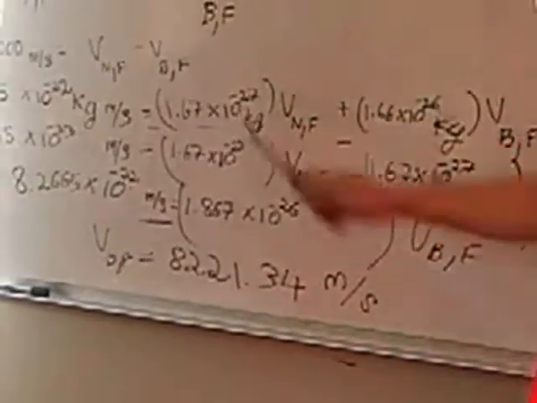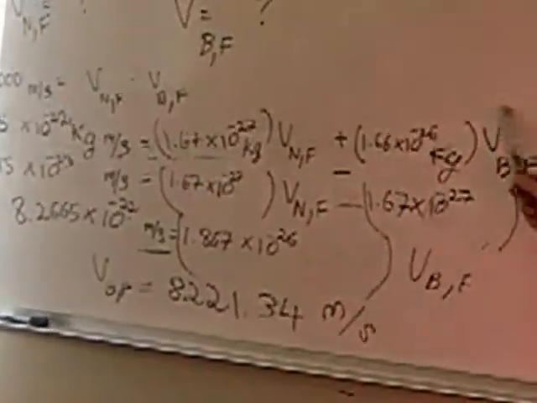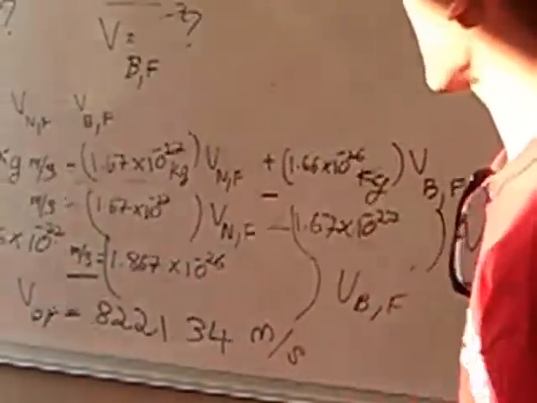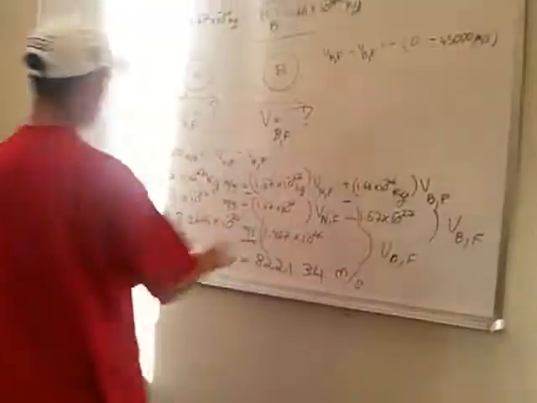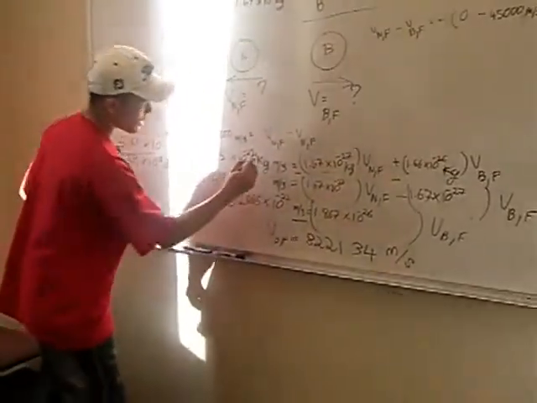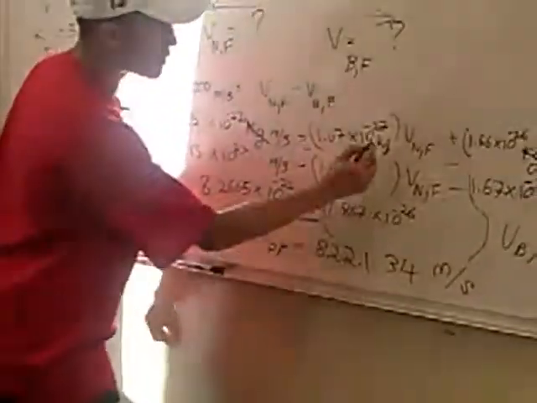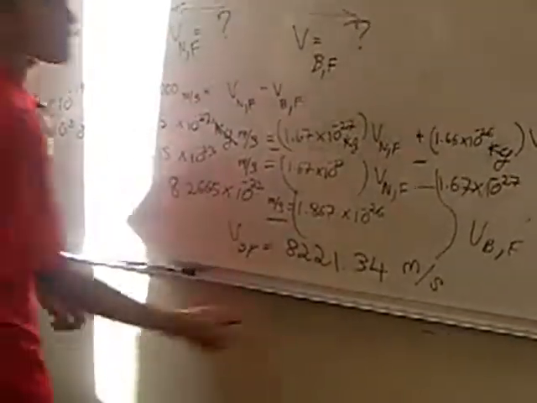We only know the mass of both of them, but we don't know the velocities, so we have two variables that we want to look for. We set it up like that, and the kilograms right here will cancel out, because we try to make things less complicated.